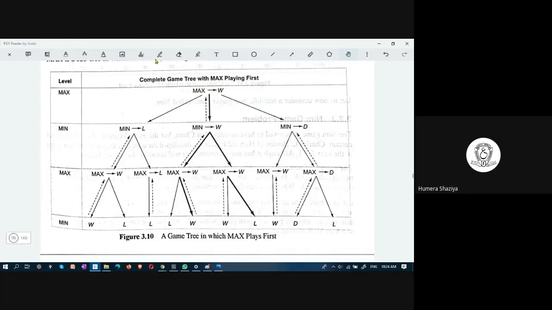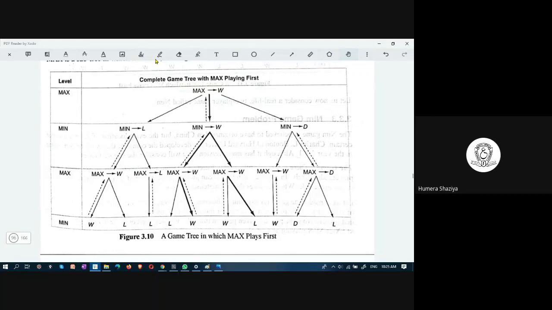So you can see there are labels attached to this game tree: max, min, max, min. These are the levels. In the complete game tree with max playing first, max would win.